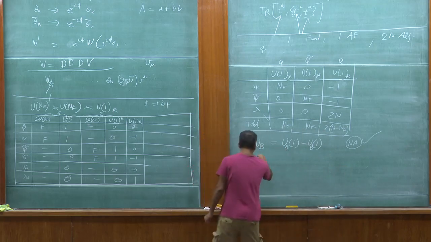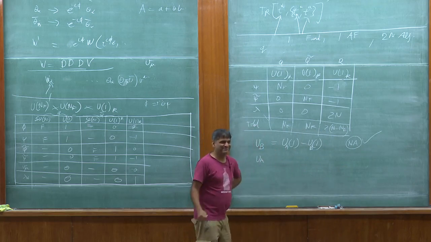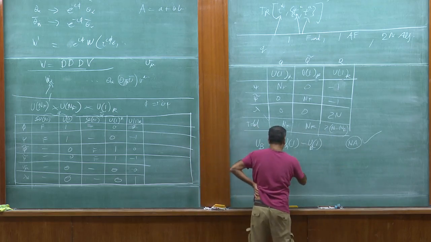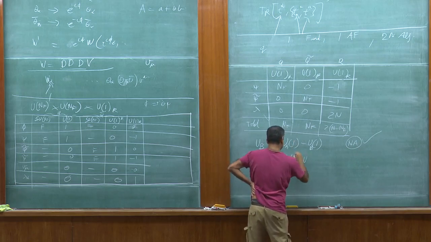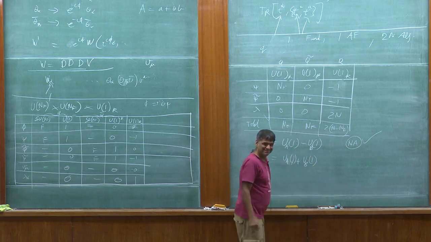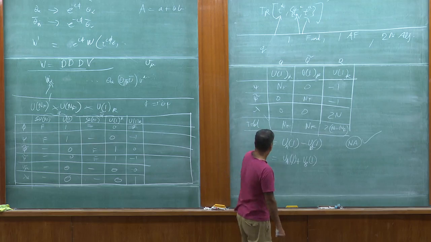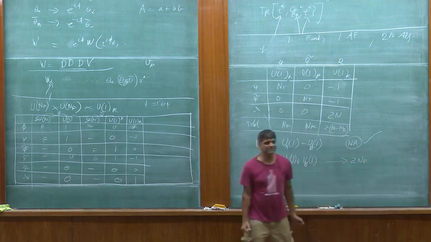Okay, now suppose I look at U1 axial, which is equal to U1A plus U1B. This guy has anomaly coefficient 2NF.